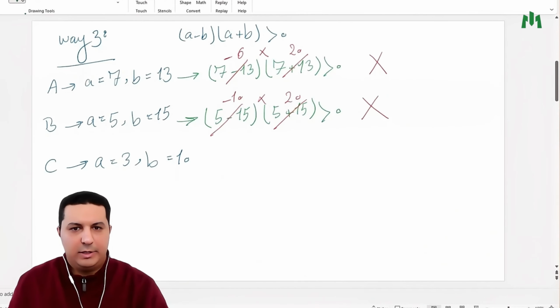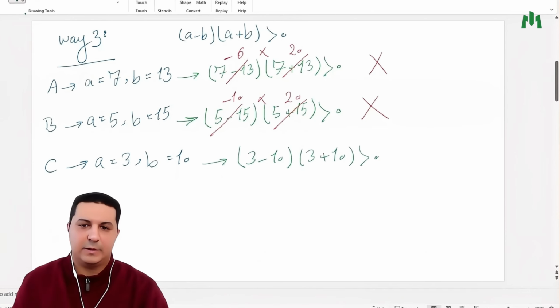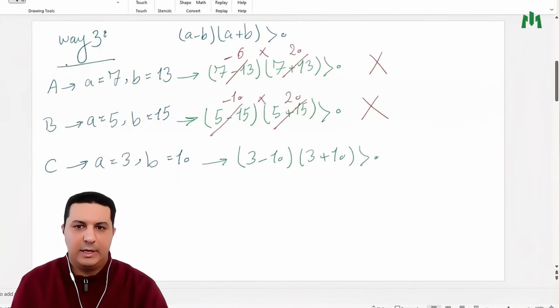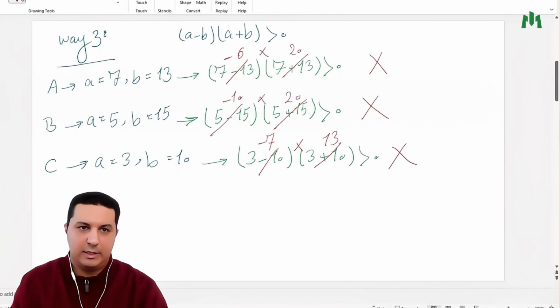So for this part, again, 3 minus 10 and 3 plus 10. We are going to see whether this is positive or negative. 3 plus 10 is 13. This is positive. We have multiple, and this part is minus 7. So the multiple of these two numbers is negative. This is not positive, so this is not the answer.